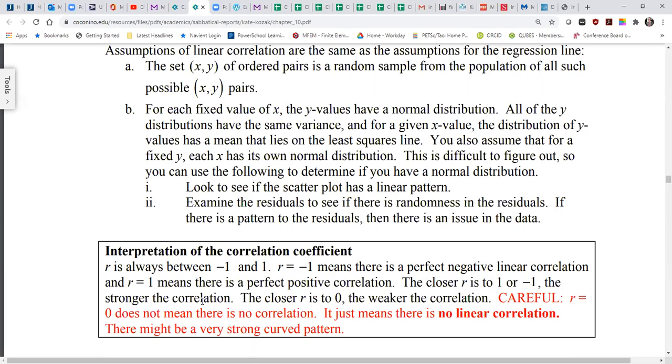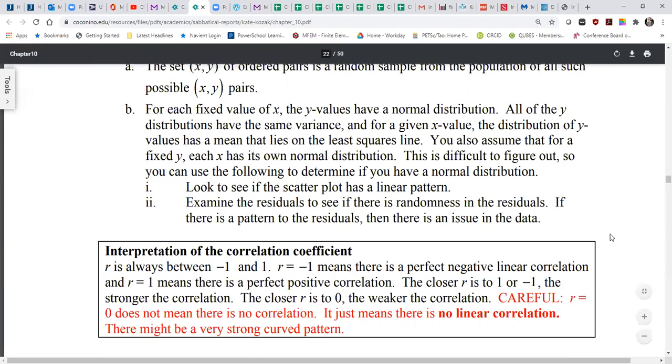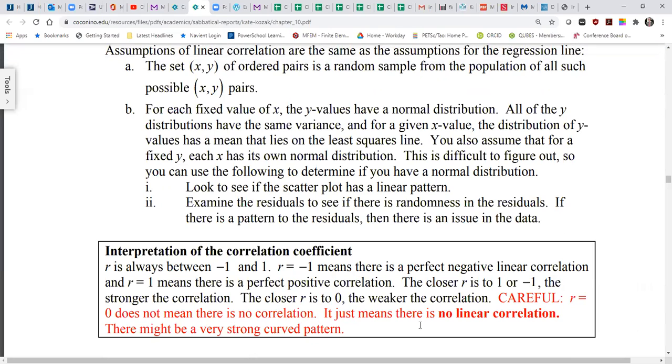And if R is closer to 0, we call it a weak correlation. So you have to be careful here: R equal to 0 does not mean there is no correlation. It just means there is no linear correlation. There might be a very strong curve pattern.